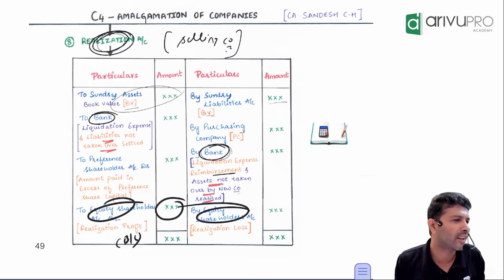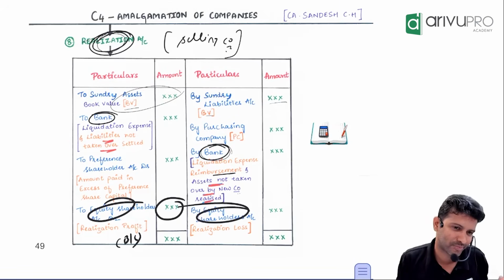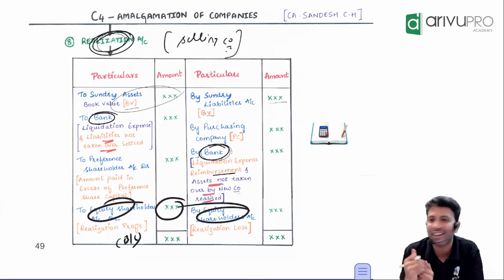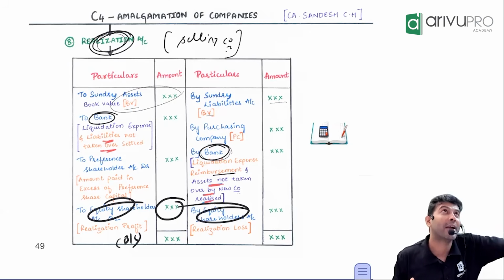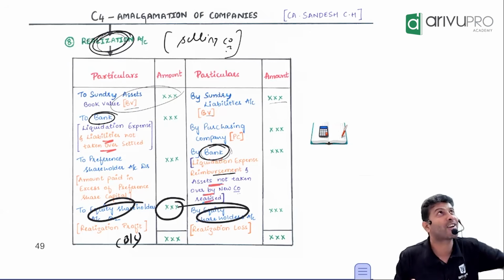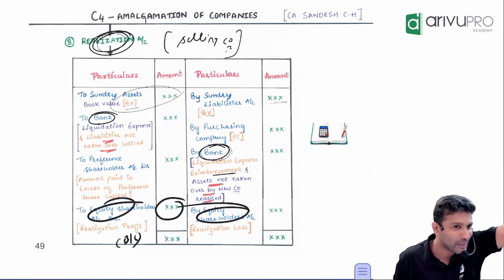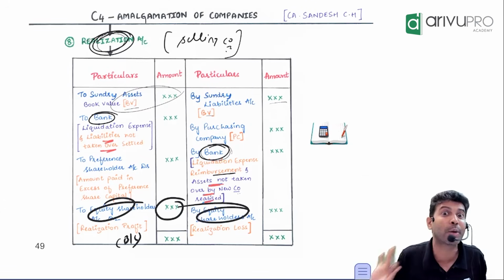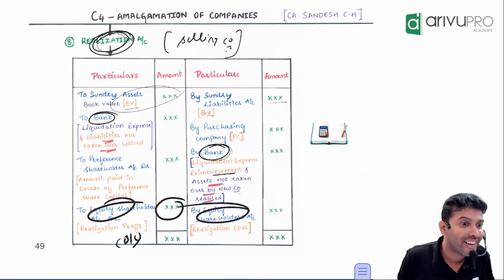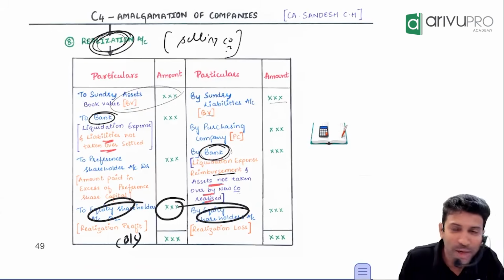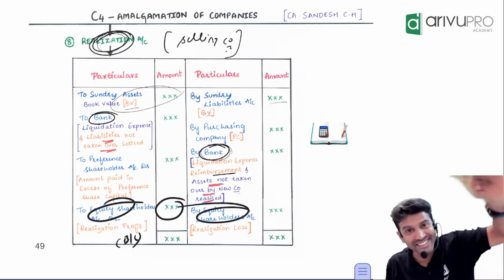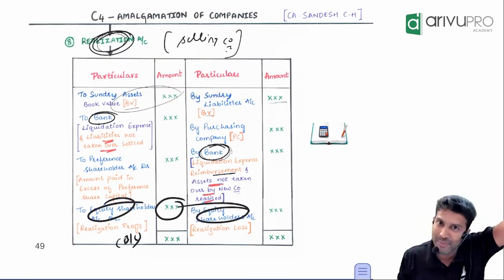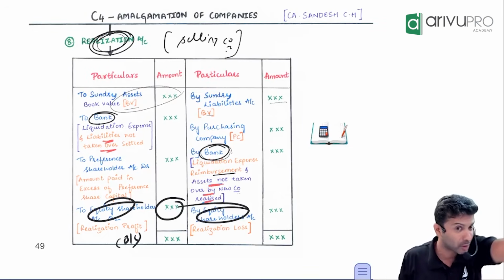MCQ pattern, anything and everything can be asked. So you need to be conceptually clear here, because in 30 marks ICAI can play around. You can also play around. Heads means option A, tails means option B, coin on the edge means option C. Literally 30 marks in your pocket, sir. There is no negative. She's asking for D. I mean, who knows? You click all D, it's okay, D might work out for you. She's just saying 30 marks. ICAI also can play around. You also have the choice, because there is no negative.